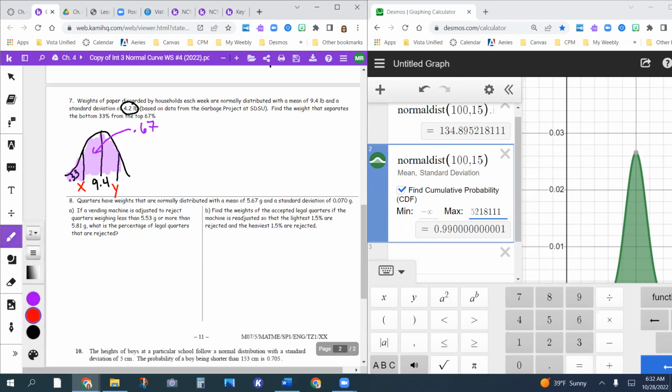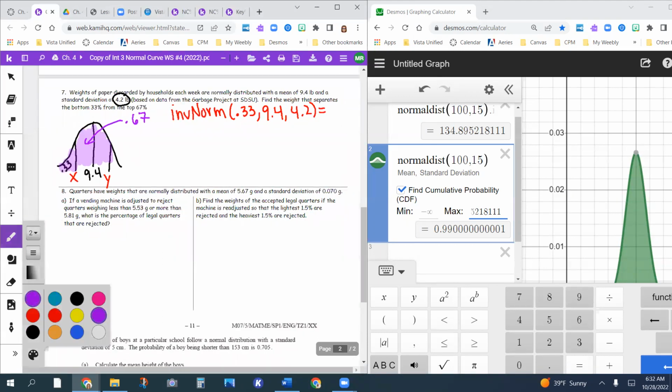So I am going to do inverse norm. Area 0.33, mean 9.4, standard deviation 4.2, and get that answer. Then I'm going to do inverse norm 0.67, 9.4, and 4.2, and get that value.